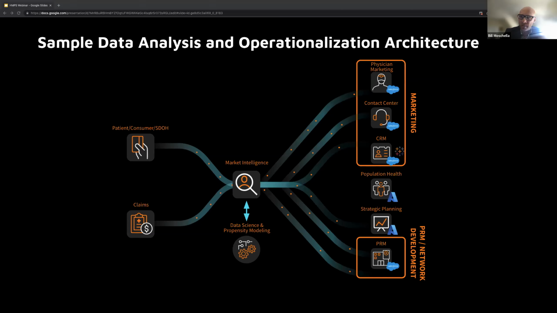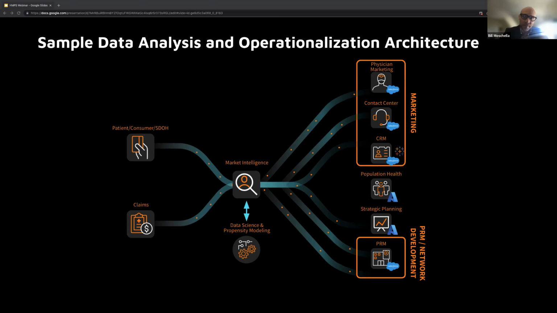I'm using Salesforce in this example as a CRM and Tableau as a business intelligence tool. And I've outlined Azure, Microsoft. We tend to find, I'd say, 70 to 80% of the healthcare organizations that we're working with or speaking to are on a Microsoft infrastructure, although we do see Amazon and Google as well.